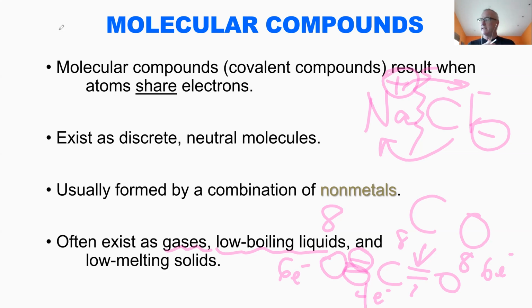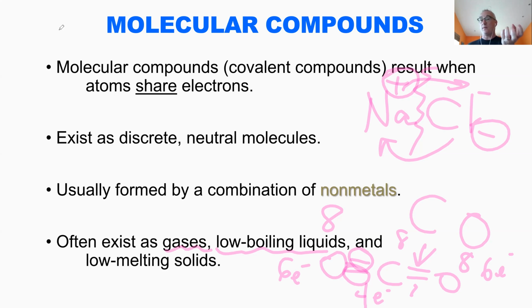You remember when we did the lab looking at polar things and non-polar things, or hydrophilic and hydrophobic things. Generally, molecular compounds are more hydrophobic than ionic compounds. Ionic compounds are charged, they're very hydrophilic, they dissolve in water. A lot of molecular compounds don't dissolve in water. Carbon dioxide will dissolve in water, but not very much of it.